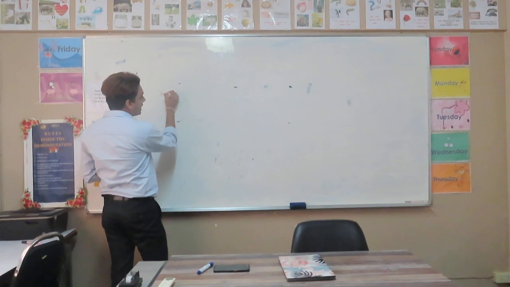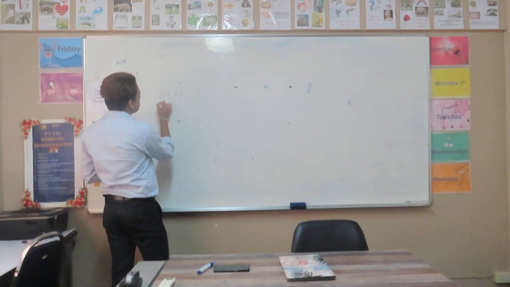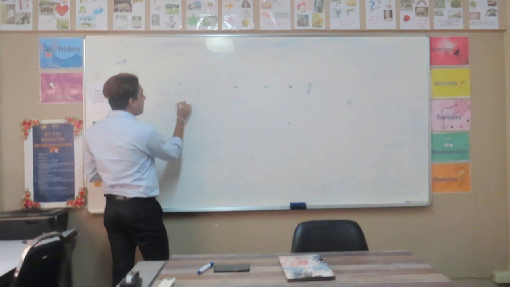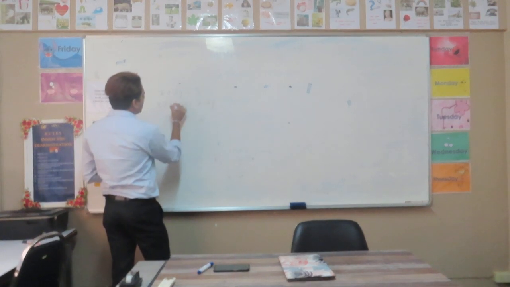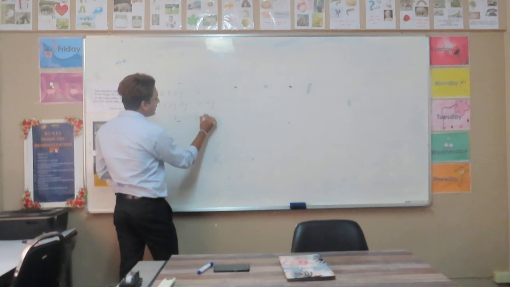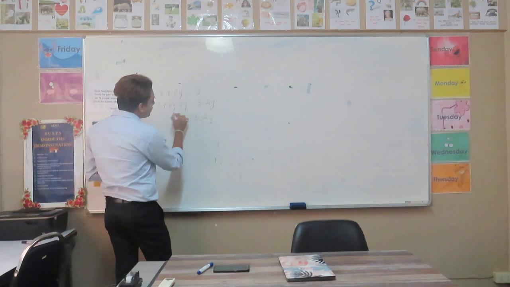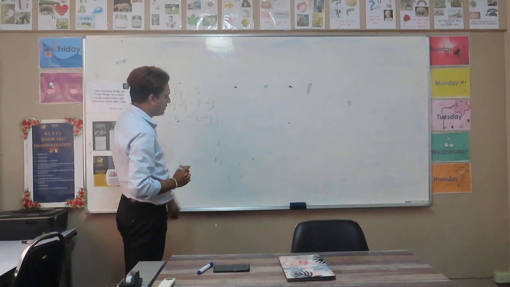So x plus 2y is equals to 3. So what I'm going to do is x plus 2y minus 2y is equals to 3 minus 2y. So 2y gets cancelled. x is equals to 3 minus 2y. Now I'm going to substitute the value of x in the second equation.